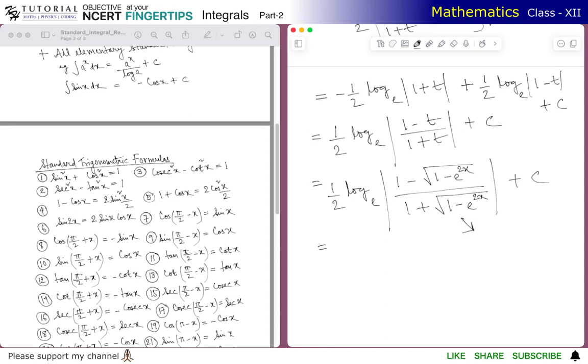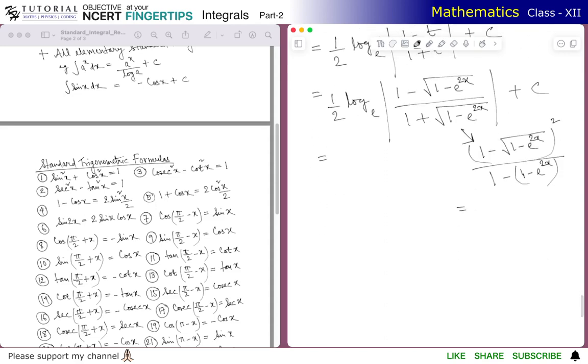If we rationalize it, we will get 1 minus 1 minus square, and over here we get 1 minus e to the power 2x. 1 gets cancelled out, and this becomes 1 minus e to the power x.